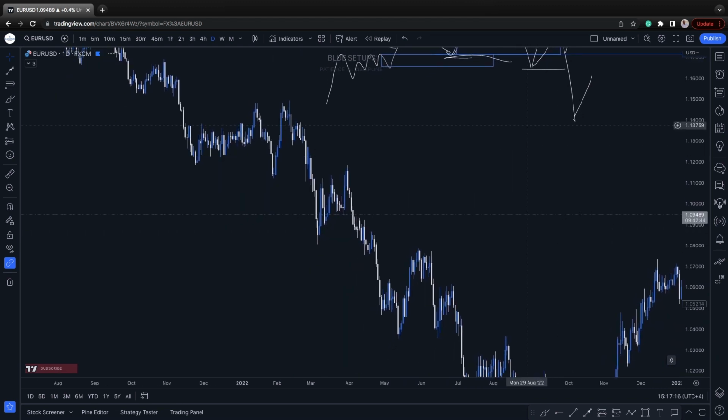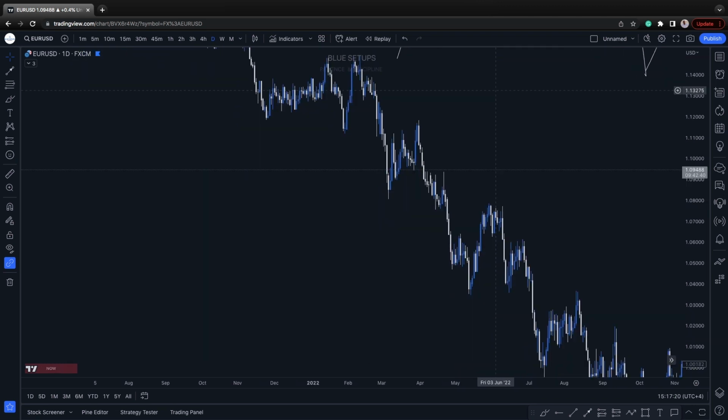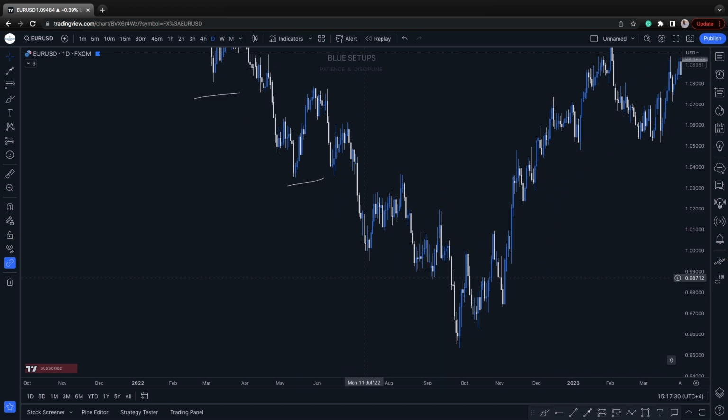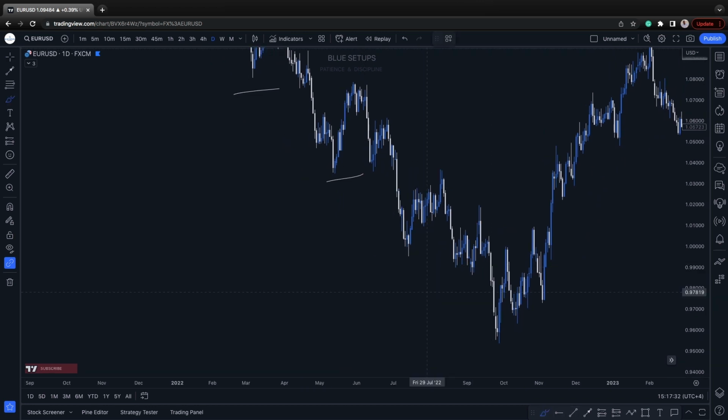So this is EURUSD on the daily. As you can clearly see, we had some nice breaks to the lower side, which meant the market was moving bearish, to a certain point right here where that displacement happened in the market.